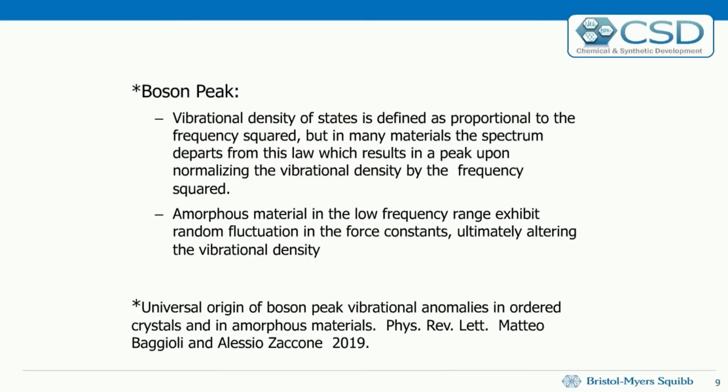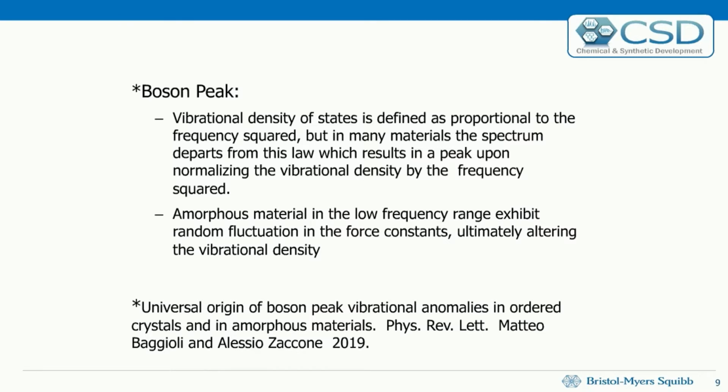Now, the boson peak, when you consider this elongated, that's that very broad, poorly defined spectral band in the low frequency range, in that vibrational spectra, it's typically observed, as I mentioned, in the low energy areas. The vibrational density of states, when we're taking the spectra, is proportional to the frequency squared.